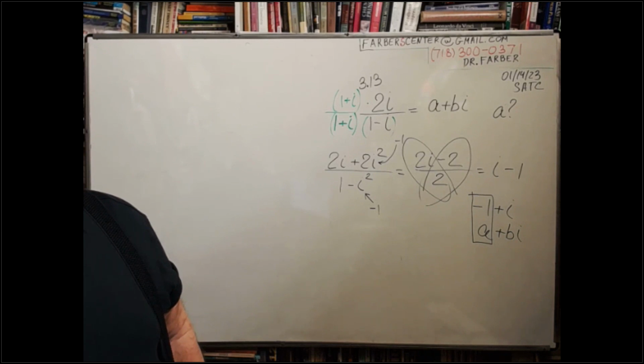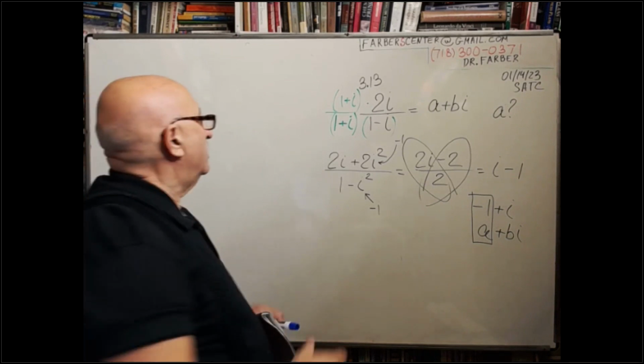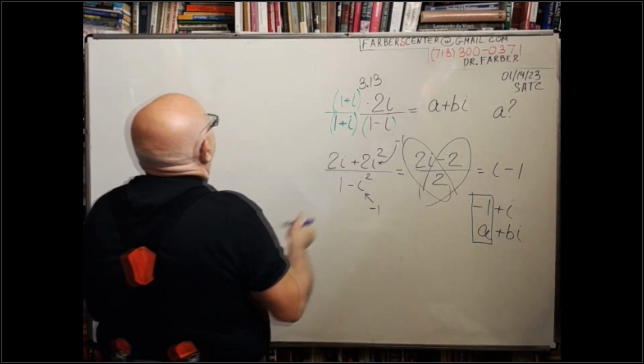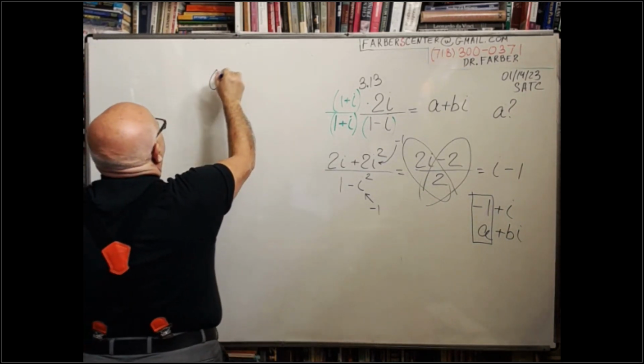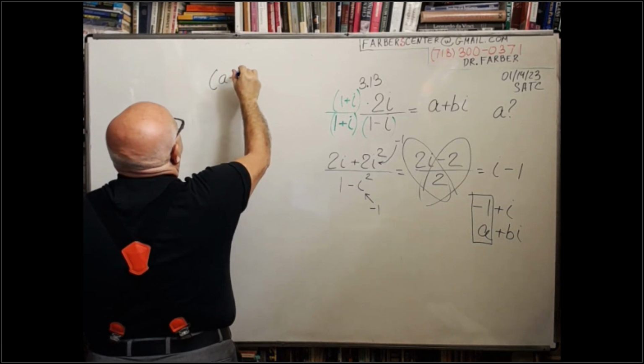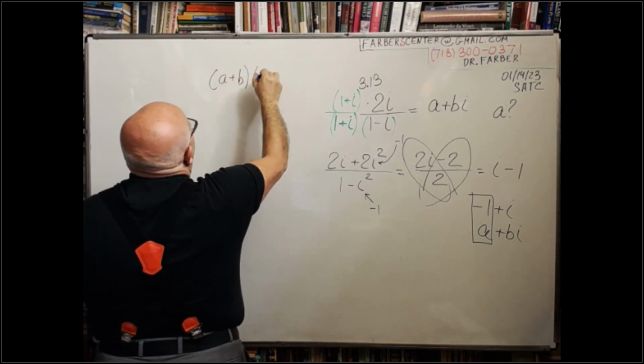Diana? And I have a question. Yeah, go ahead. I'm confused how you found 2 for the denominator. Okay, good. Look at this. Do you remember the formula? a plus b times a minus b.